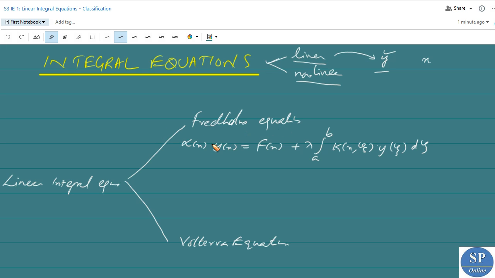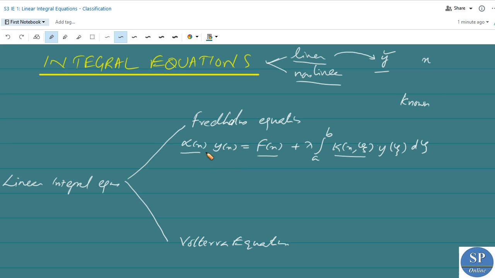So Fredholm integral equation has this form, where alpha of x, f of x and k of x comma zeta are known functions. Okay, these are known functions. And lambda, a and b are constants.